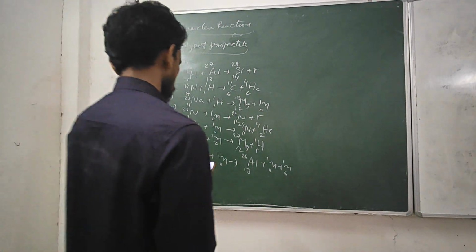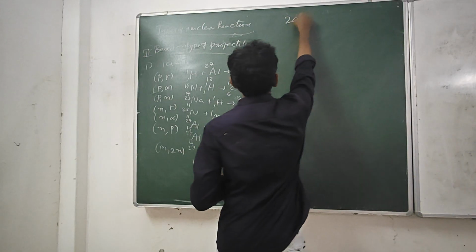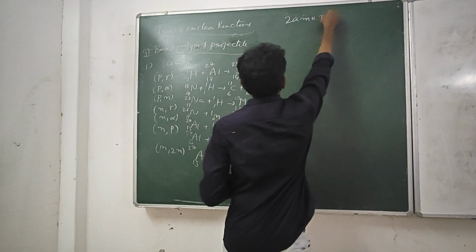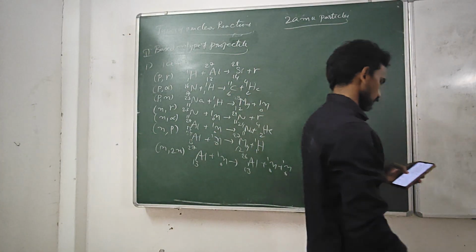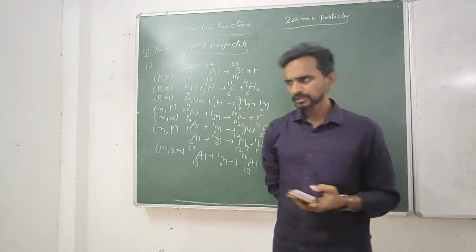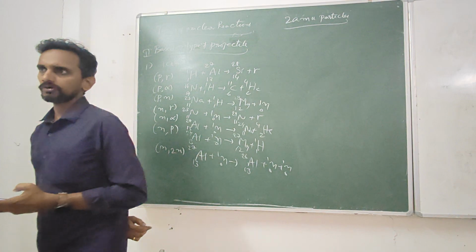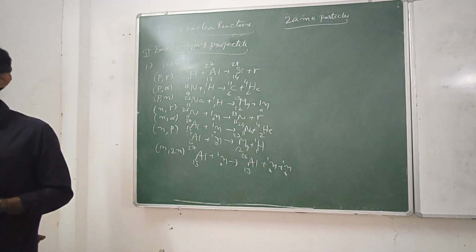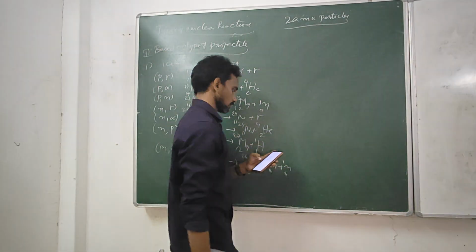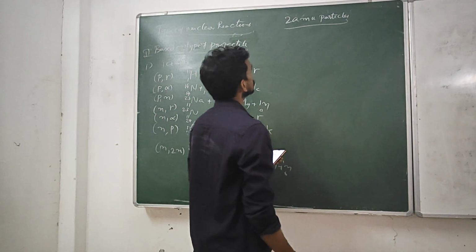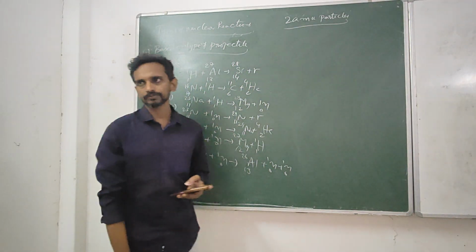So next one is reactions by 2 AMU particles. So here we are fixing the target, and depending on the nature of the reaction we can decide what to get. 2 AMU means we are taking deuteron.